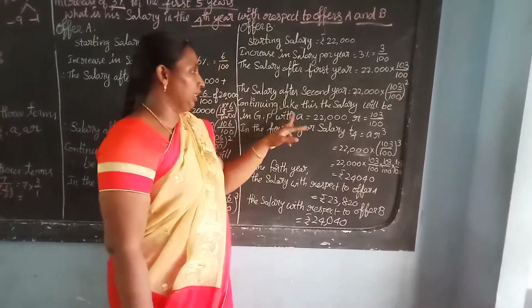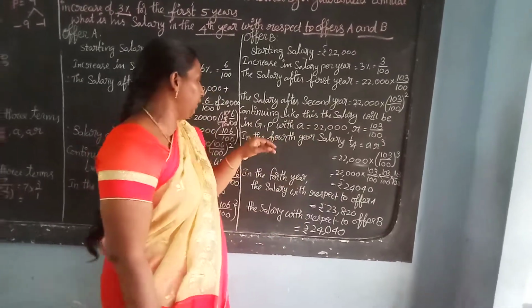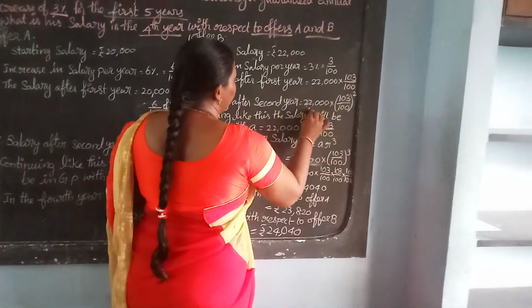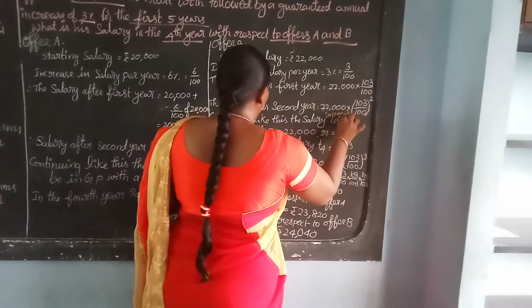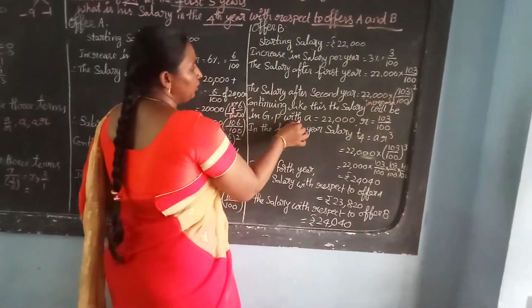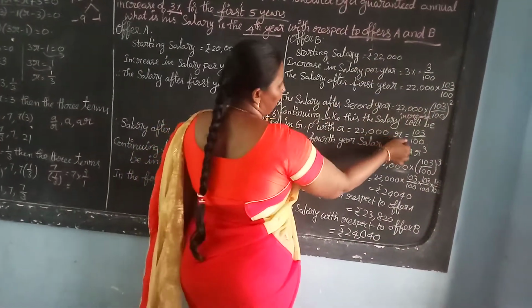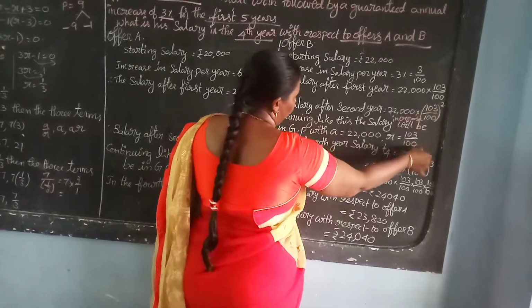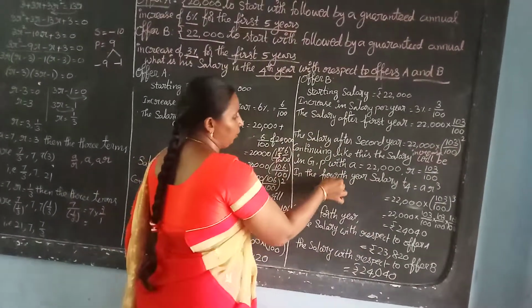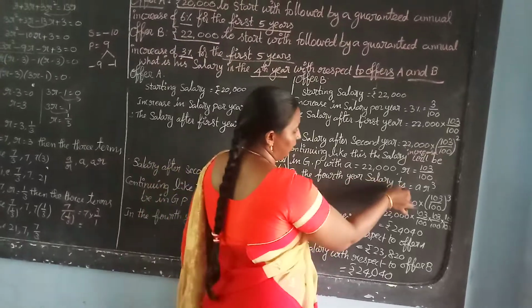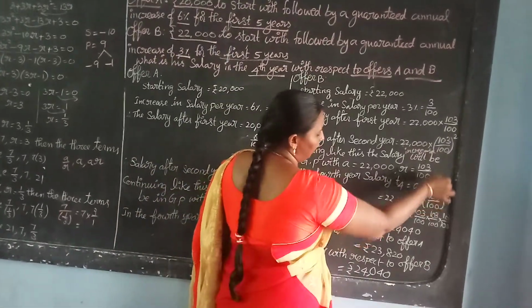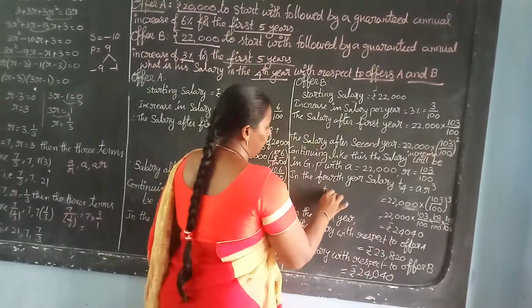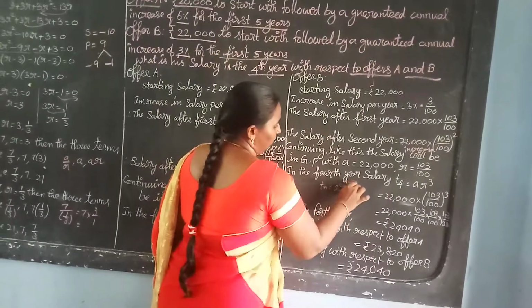So by continuing like this, the salary increase will be in GP. Okay, so A equal to 22,000, R equal to 103 by 100. Here also they ask for 4th year salary, which is nothing but T4 equal to AR cube. You know the formula Tn equal to A into R power n minus 1.